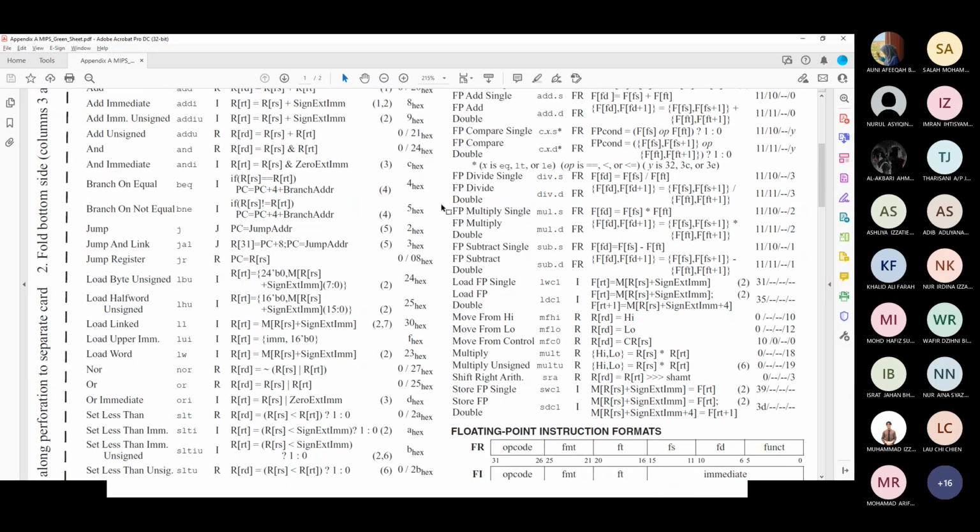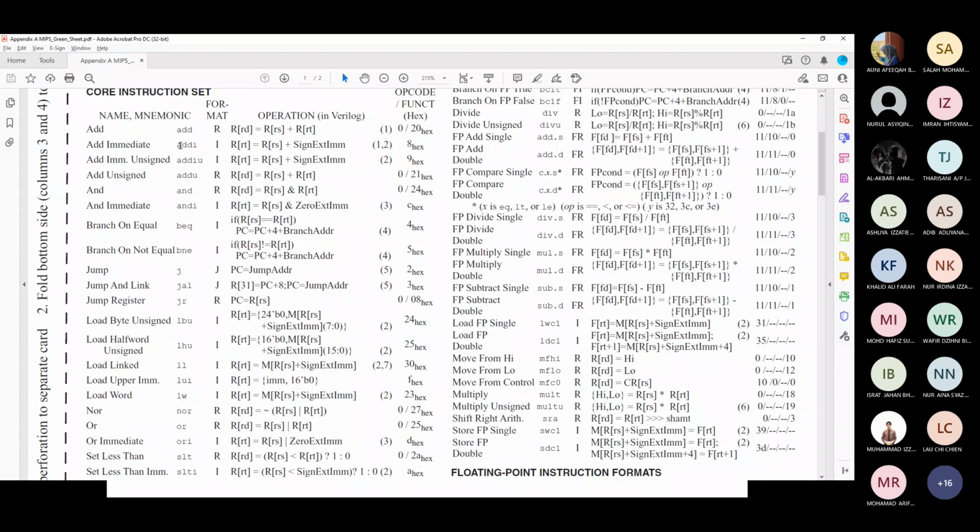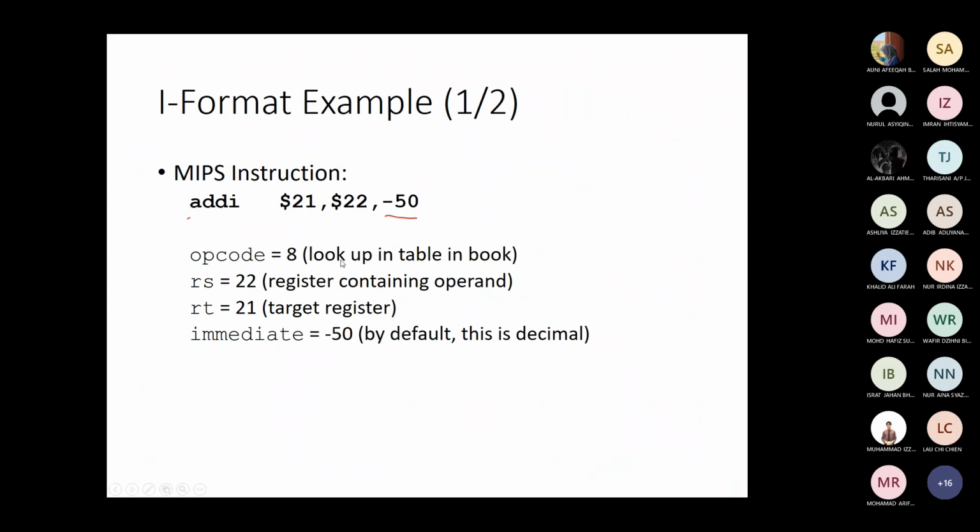You can just Control F and find ADDI. There, it highlights ADDI here. As you can see, it is an I format, and the opcode is 8 hex. So here you would write opcode is equal to 8.